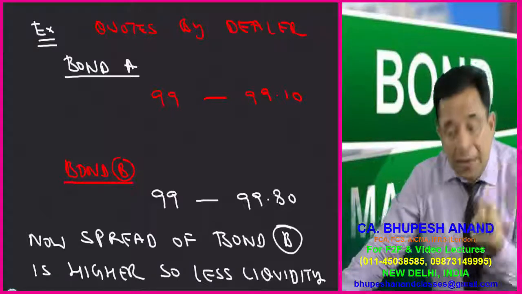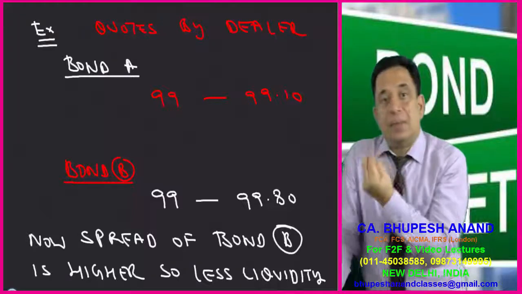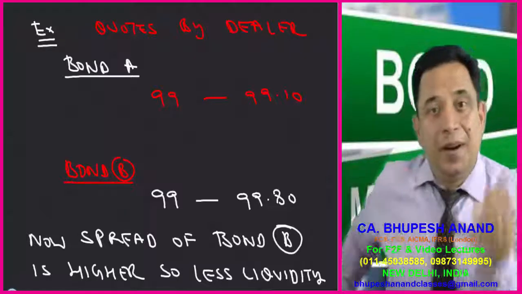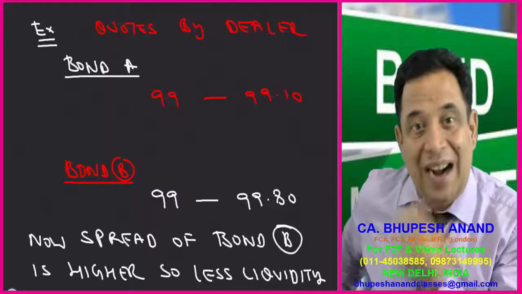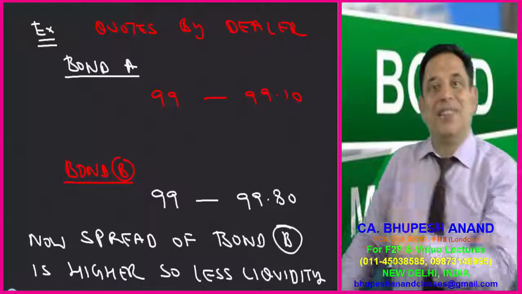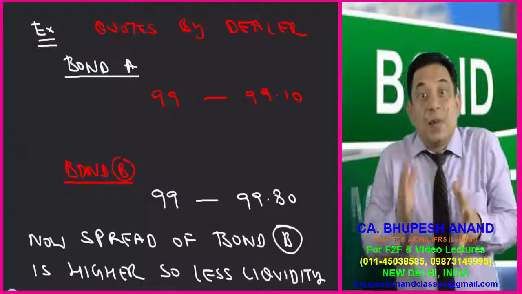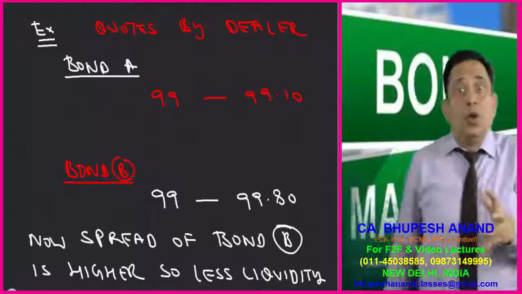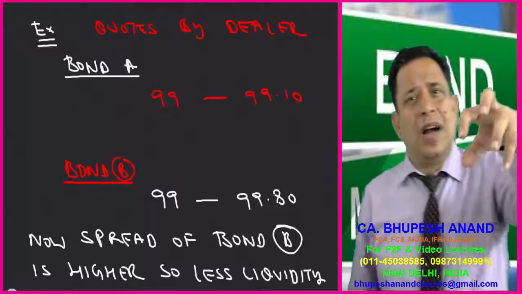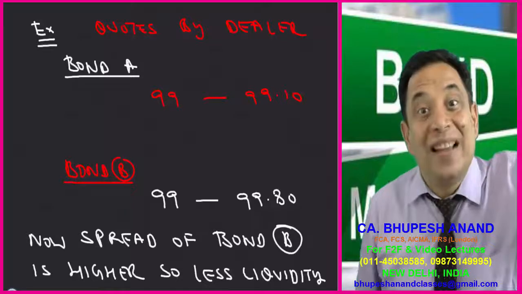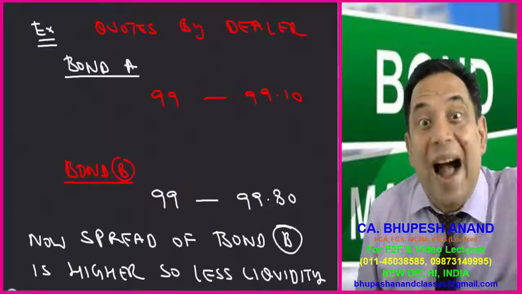For bond B, 99 slash 99.80: 99 is the bid rate, 99.80 is the ask rate, and the spread is 0.80. So the spread is larger for bond B, and with the help of this feature I can tell that bond B is less liquid as compared to bond A.